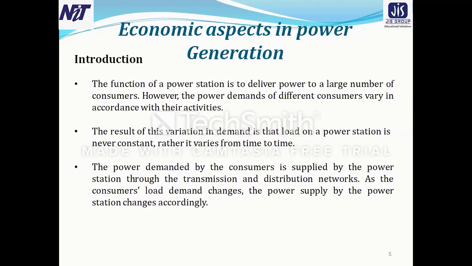Rather, it varies from time to time. The power demand by the consumers is supplied by the power station through the transmission and distribution network. As a consumer's load demand changes, the power supplied by the power station changes accordingly.